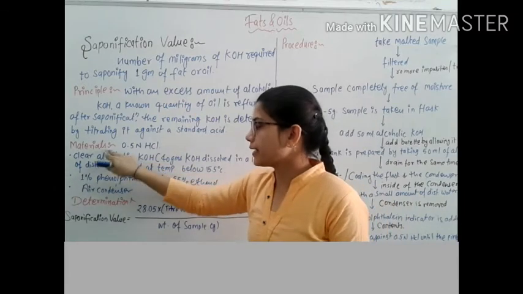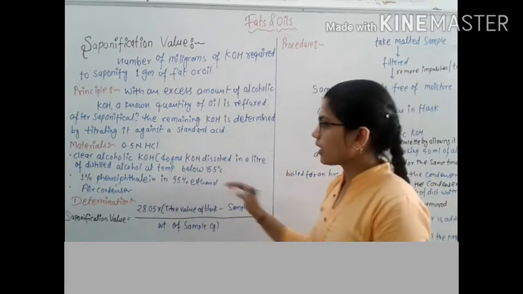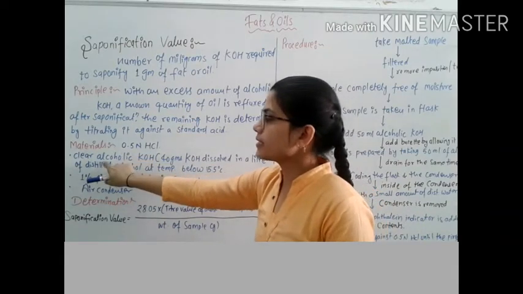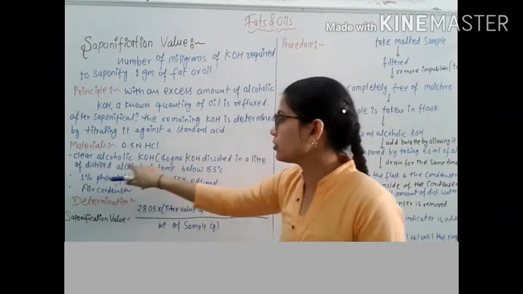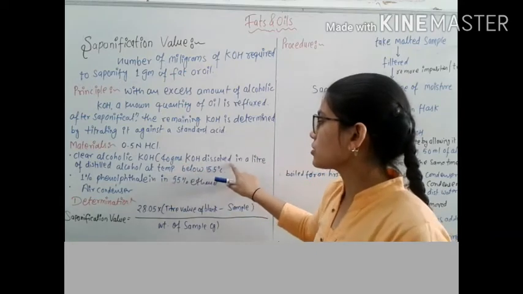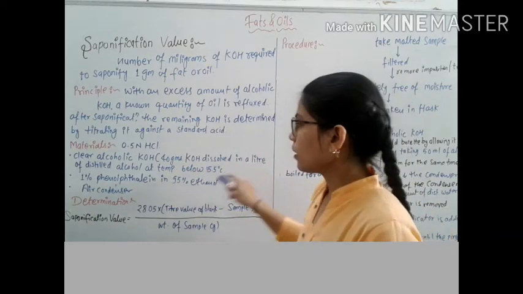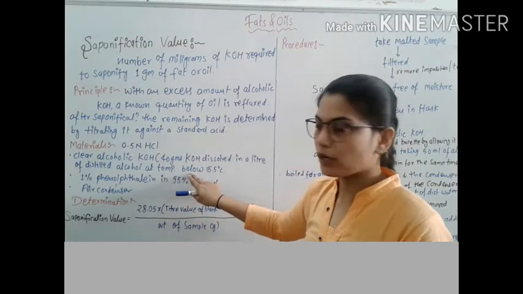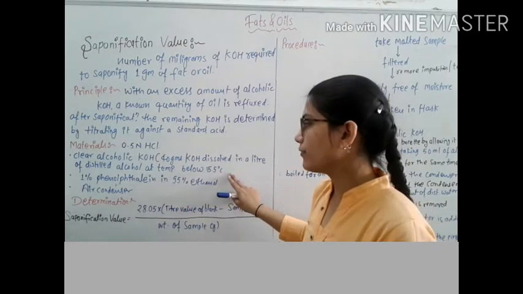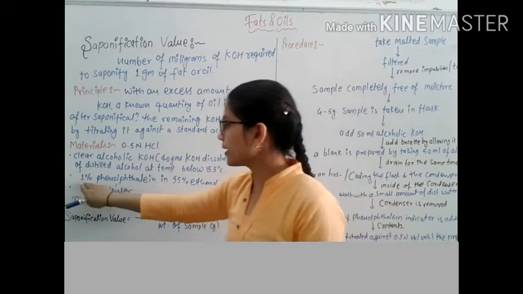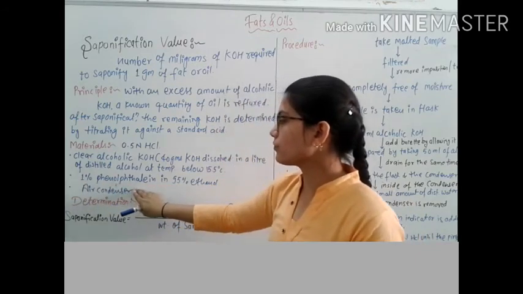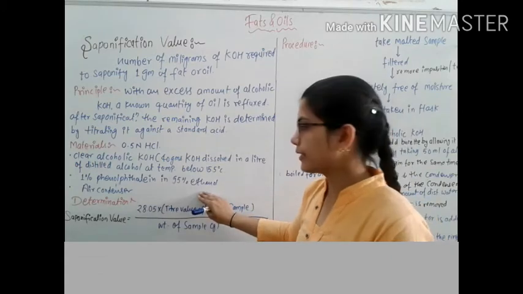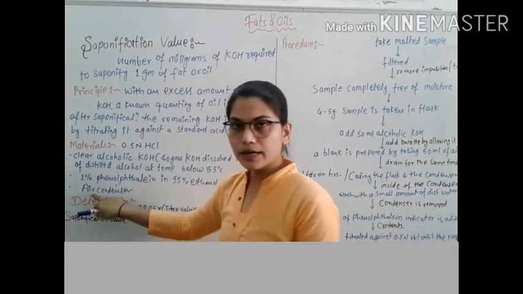Next point is materials. The required materials are: first, 0.5 normal HCl; second, clear alcoholic KOH, 40 gram KOH dissolved in a liter of distilled alcohol at room temperature below 15.5 degrees Celsius; third, 1% phenolphthalein in 95% ethanol; and last, an air condenser.